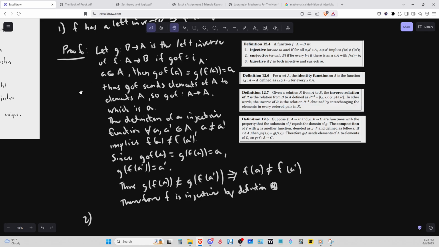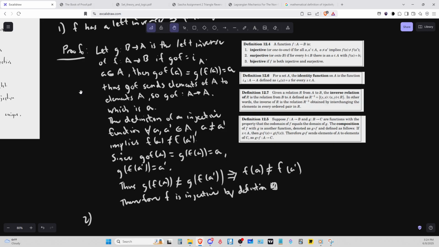Now that you got the proof, here is another proof I did by contradiction. I assume that there exist a and a prime, not equal, such that f of a equals f of a prime equals b. But g of f of a is equal to g of b, which is equal to a by definition of the left inverse.